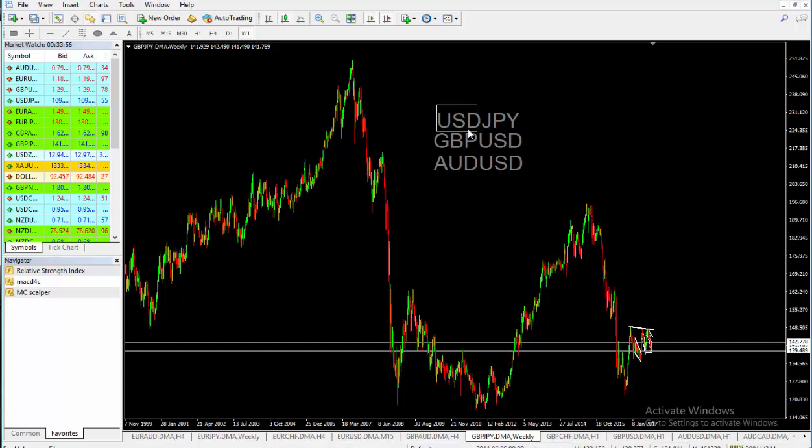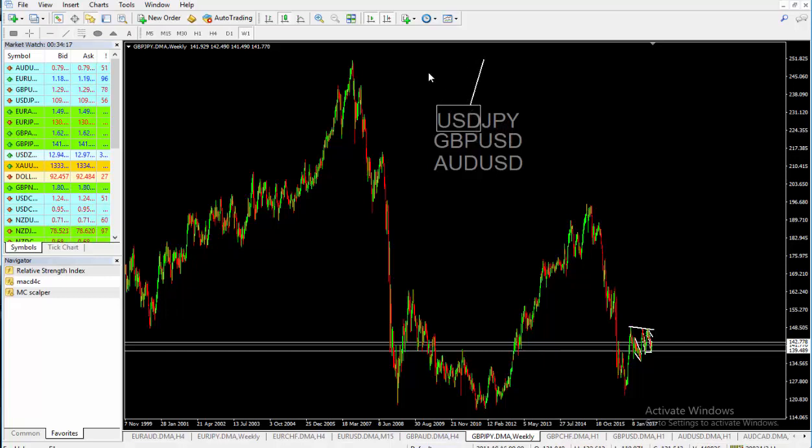USD JPY, we have USD JPY as a currency pair, but now the base here is USD. So if we want to buy this pair here, the USD JPY, what we are saying is USD JPY will go long.